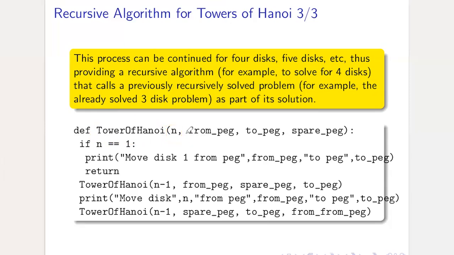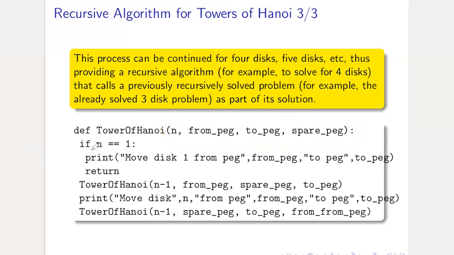And I'm giving 3 pegs: the from peg, to peg, and spare peg. When I call the function initially, of course, n is the total number of disks I have, the first one is the from peg, the source peg, the goal peg is the second one, and the spare peg is the third one: A, B, C.